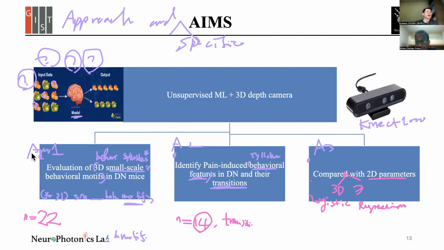So I think aim one is more like we learned about MOSIC, we apply MOSIC in our diabetic mouse model, evaluation, application of behavior evaluation. Well, it's fine. You are not putting too much MOSIC emphasis, while throughout this is MOSIC, right? Evaluation of behavioral syllables in DN mouse model.